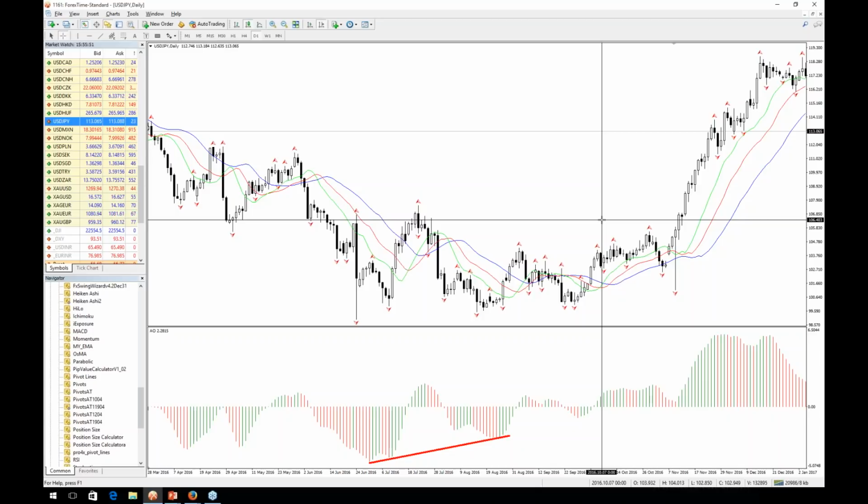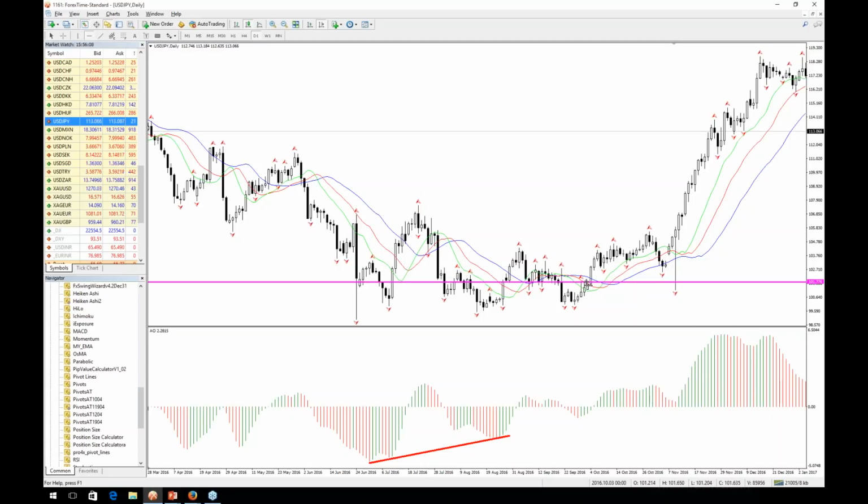So I am not allowed to enter there. And then, what about this one here? Is it good? So let me see. Is this here nice? It's nice, but it's not above the red line, right? So I'm not going to take it.